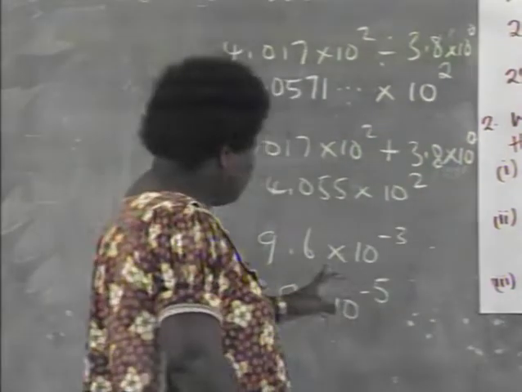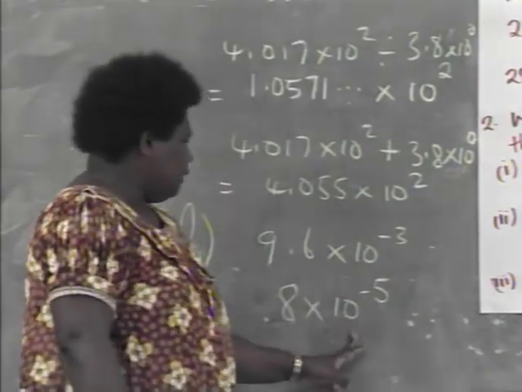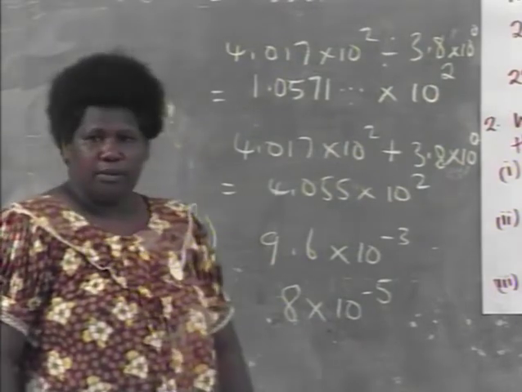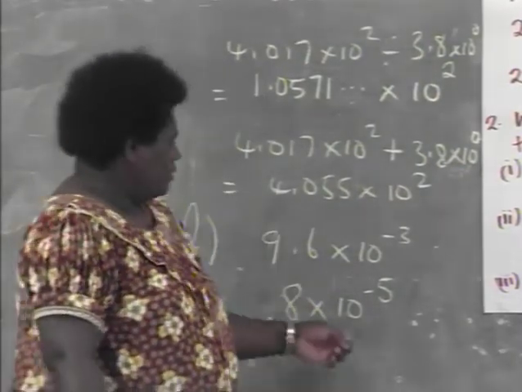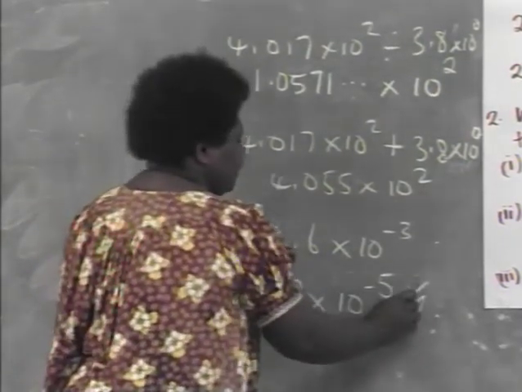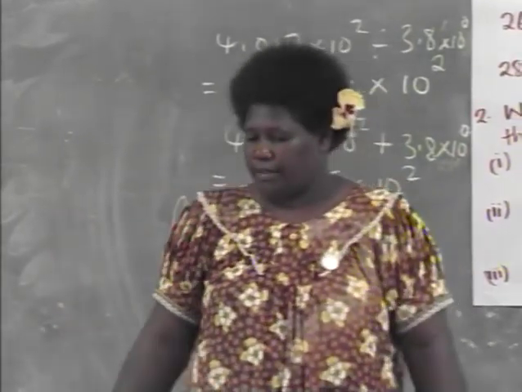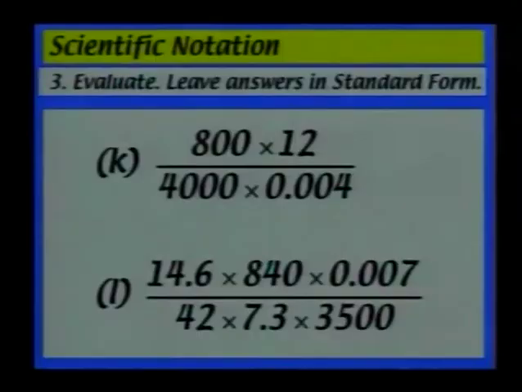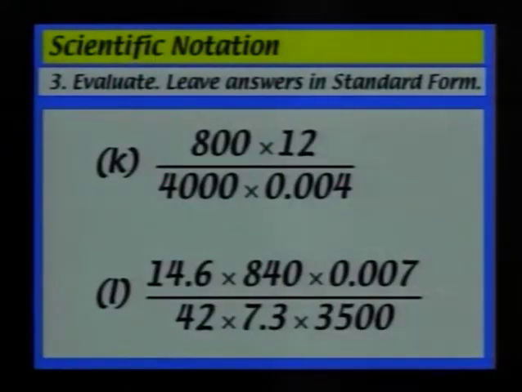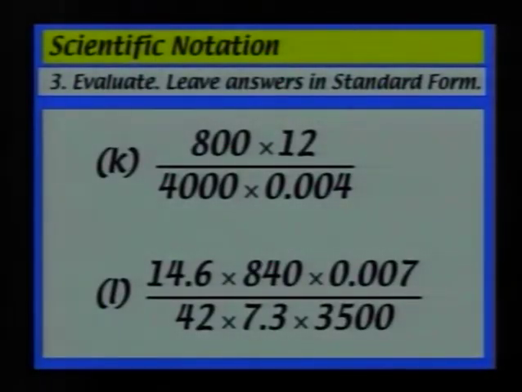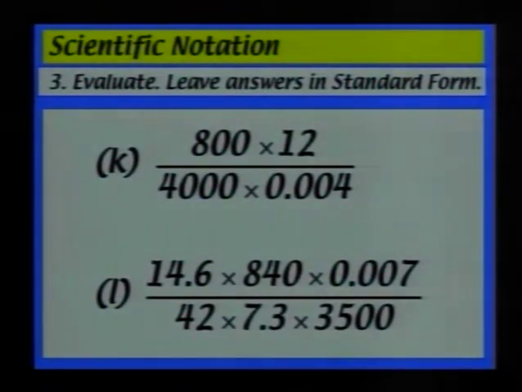Is it 9.6 times 10 to the power of negative 3 or 8 times 10 to the power of negative 5? This one. Okay. The good thing about these two questions is that you can actually use the calculator and then later on change to scientific notation. But remember, in the test, you will not be allowed to use the calculator.